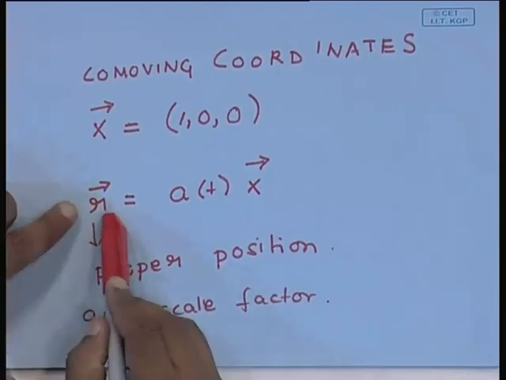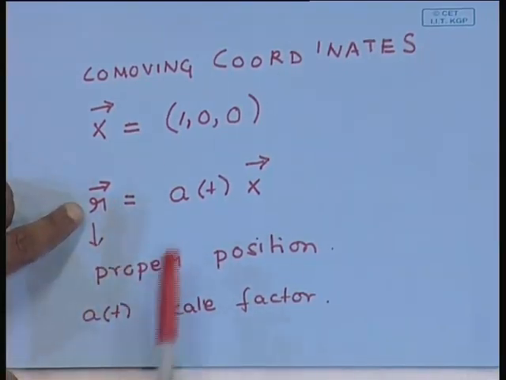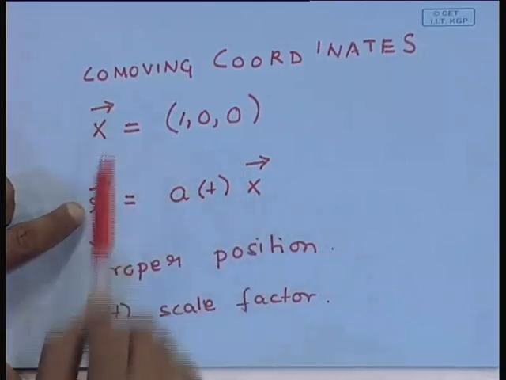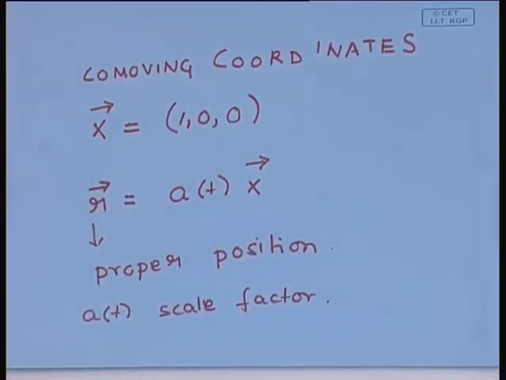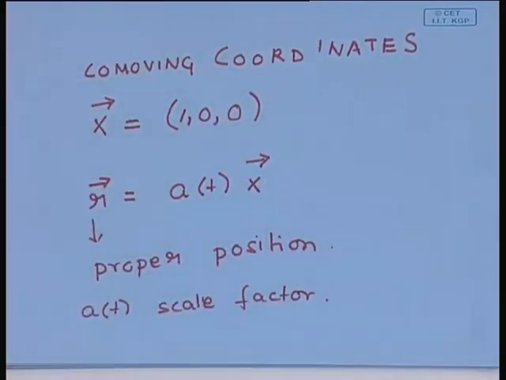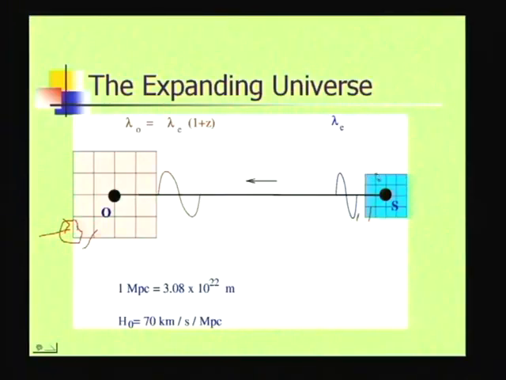So, the position of the galaxy R is also a function of time, a is a function of time, but its comoving coordinate remains fixed as it expands. We have introduced a coordinate system that expands with the universe. In this coordinate system, the galaxy positions remain fixed, but the galaxies are actually moving away from one another because the spacing between these coordinates has changed.